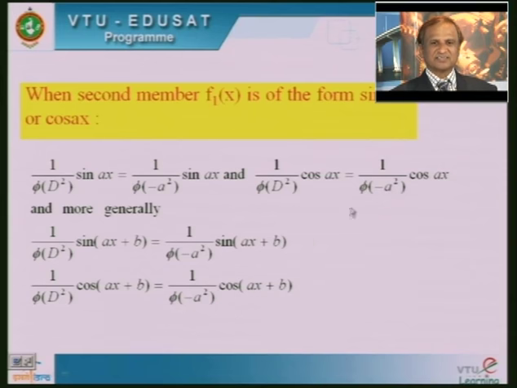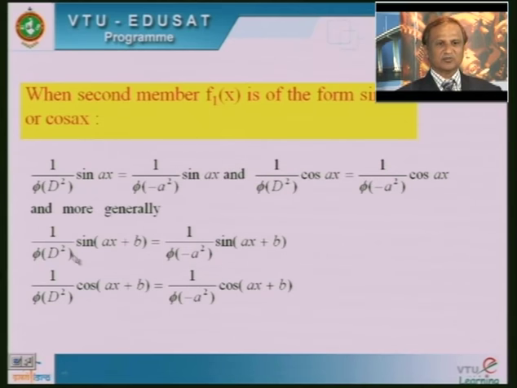It is exactly similar to sin ax. It may be of the type sin ax or cos ax. In both cases, we want to identify the D square term and replace D square by minus times of a square. Whatever we get, that is the particular integral of the given equation.